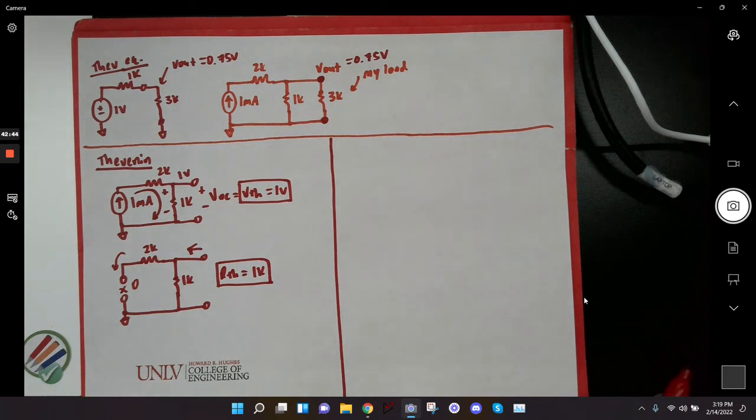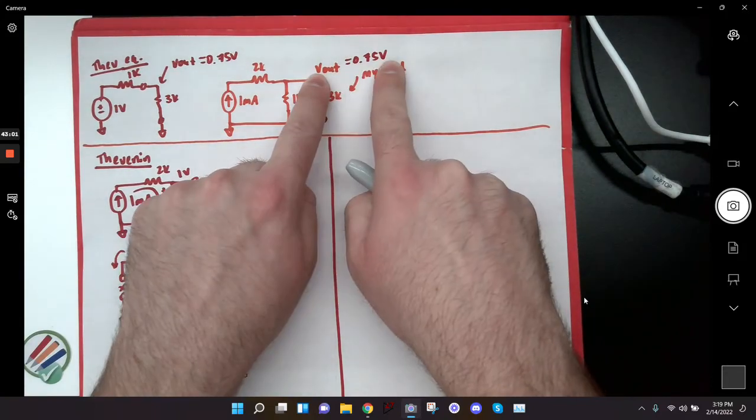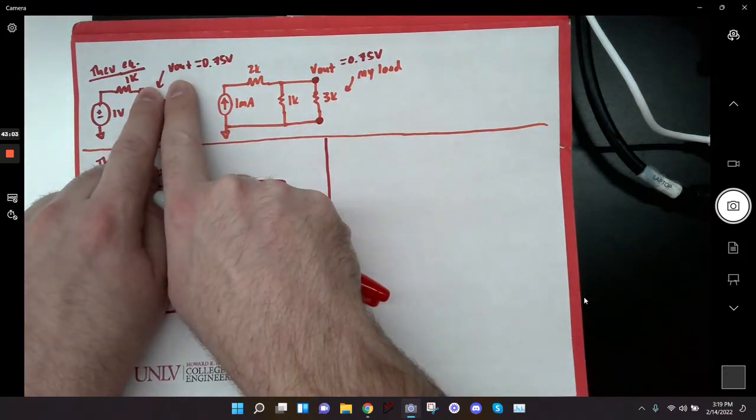Yeah. I was just wondering, and again, the point of this is, if we just change the load resistance, we just want to see what it's going to be, how much current it's going to draw, what its voltage will be, stuff like that. Right. So basically, if I took out this 3K and replaced it with a 1K, this V out would change exactly the same.